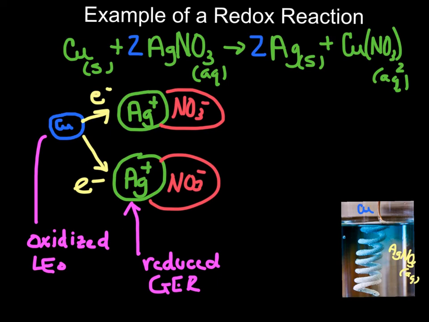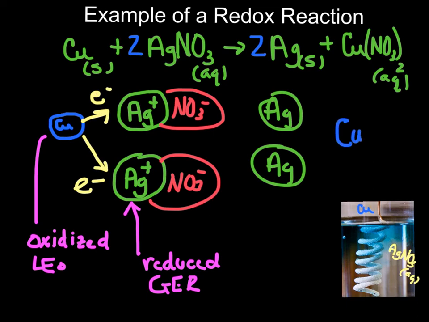What does that look like when we're done, right? That's the question we're wondering. So we have 2 silver atoms that are just plain old Ag, nice and reduced, no ions of any kind. And then we have a copper ion, copper plus 2, who is now bonded with 2 nitrates.